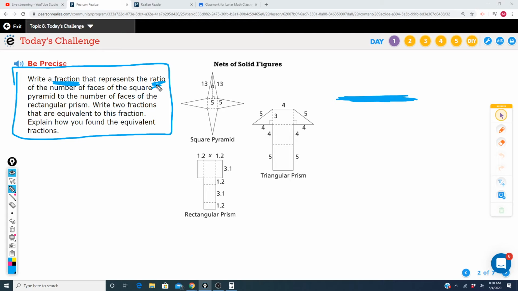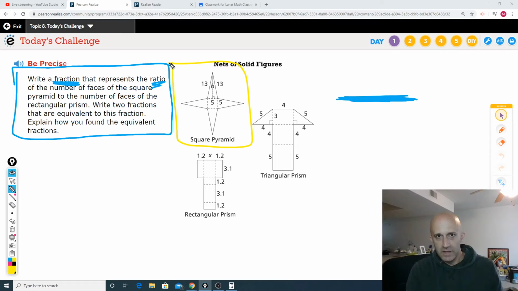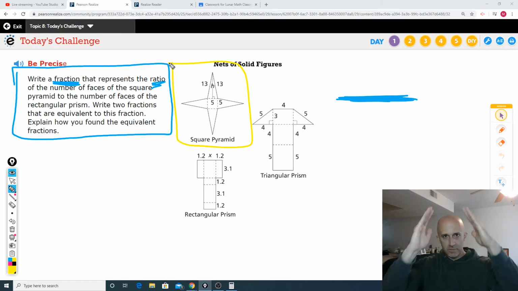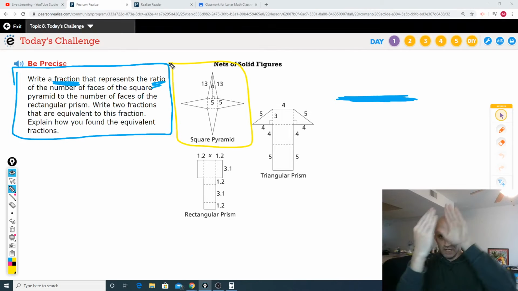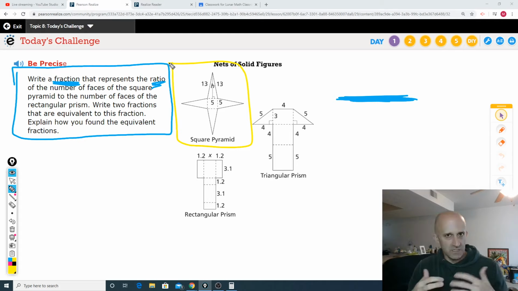Our square pyramid has how many faces? Remember, a pyramid means the faces come to a point, like the pyramids in ancient Egypt.